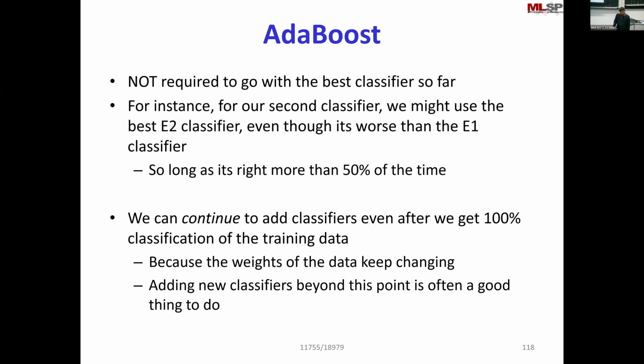Random classifiers, no. Random classifiers are not going to kill you. If you ever get a classifier that's 100% perfect on your training data, you are done, right? If the weak learner is 100% perfect, there's nothing more you can do. All the weights become infinity or 0, and then you're screwed, right?